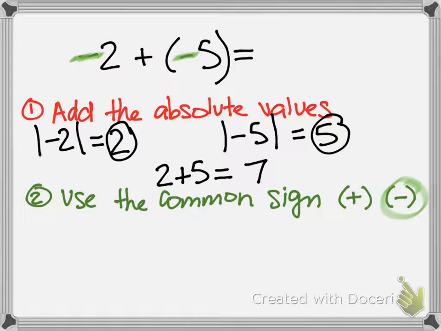But I am not done yet, because I need to do step 2. Step 2 tells me to use the common sign. And I already figured out that the common sign is a negative sign. So my answer is going to be a negative 7 this time, because we had to add that negative sign in.